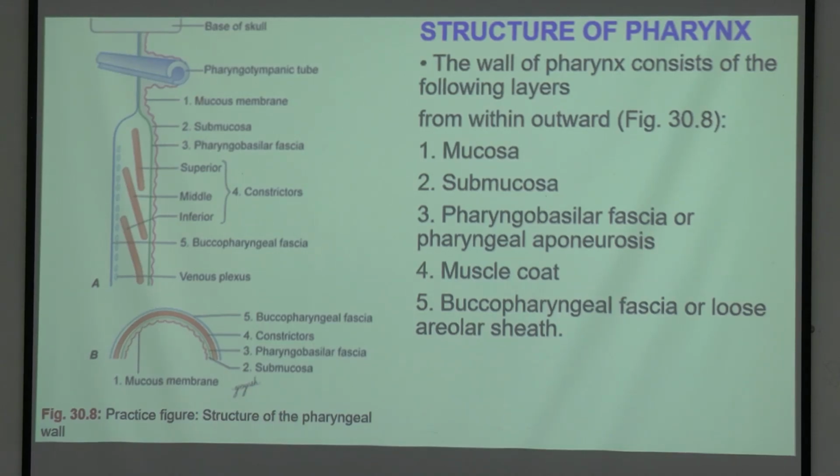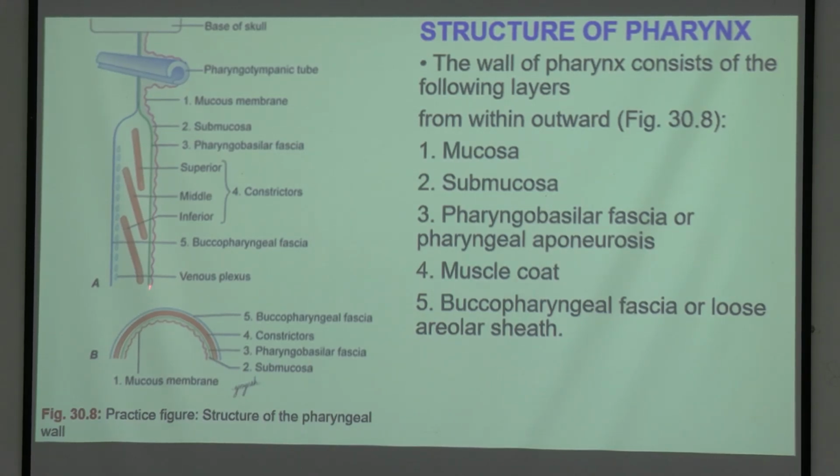This is not a very good figure, but this is, what should I say, more or less a sagittal section of the pharynx, where most inside is the mucous membrane.